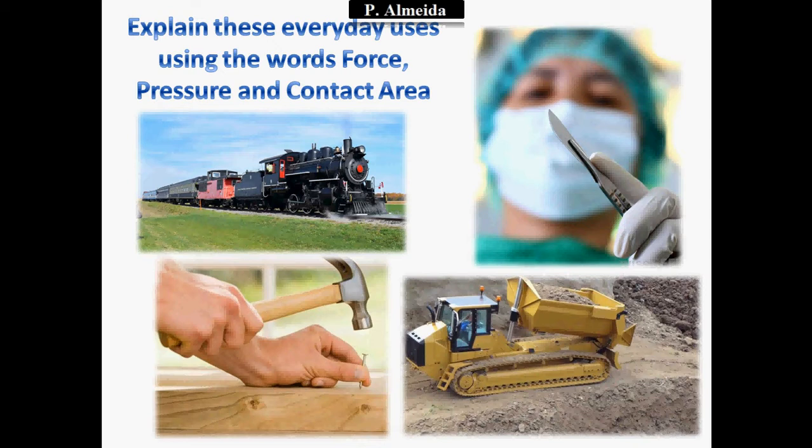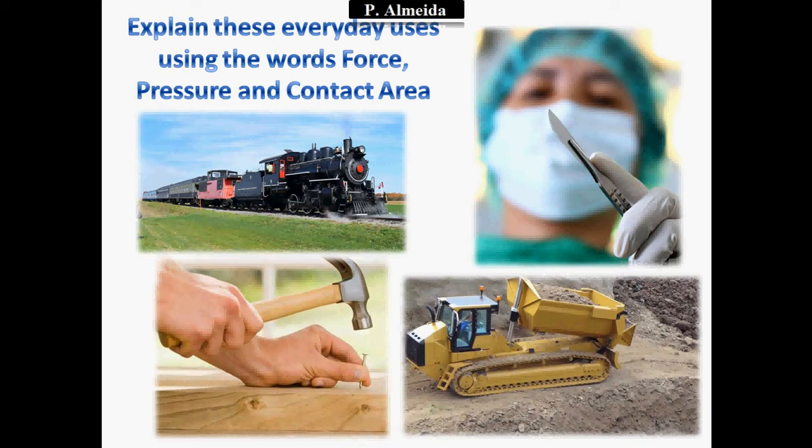I have a large train, obviously a very heavy train. Look at the properties of the train. See if you can figure out anything with force, pressure, and contact area. A surgical knife. Again, look at force, pressure, contact area. I have a hammer and a nail, and I have a caterpillar.